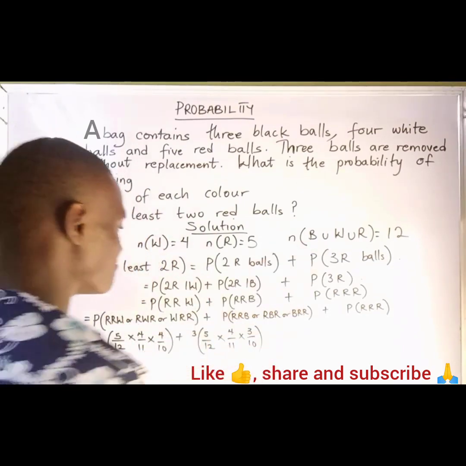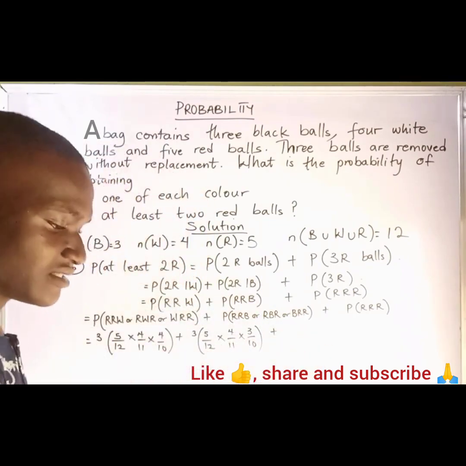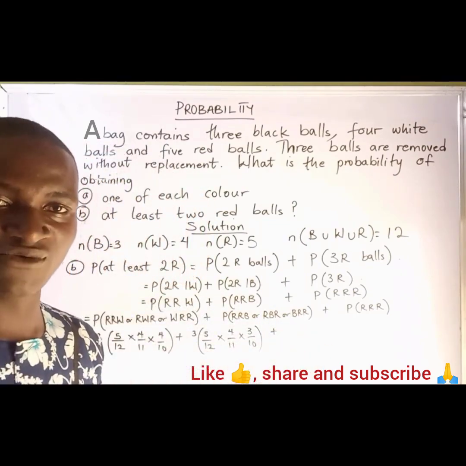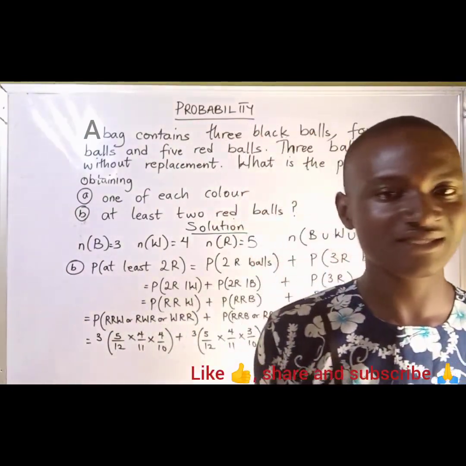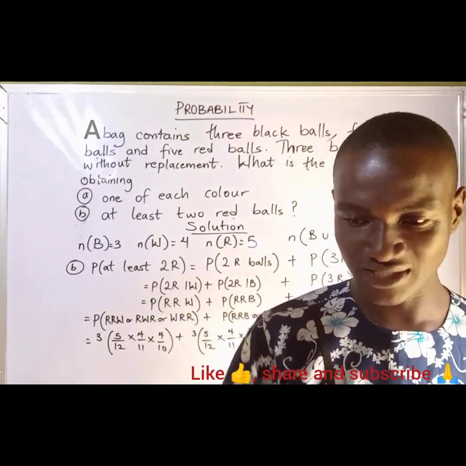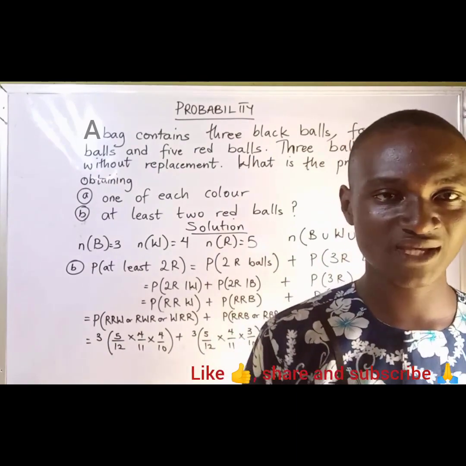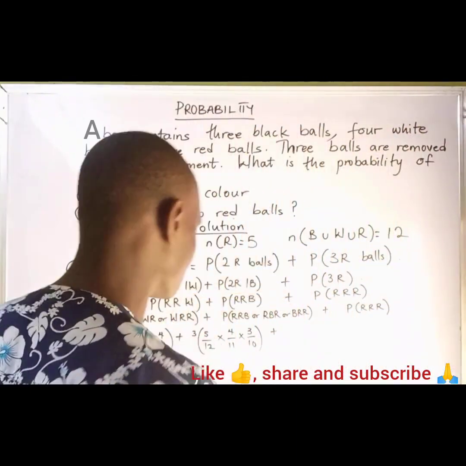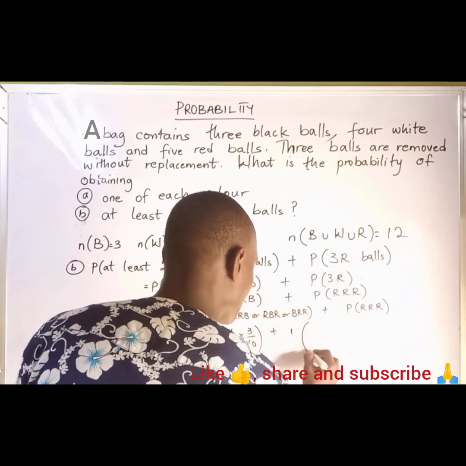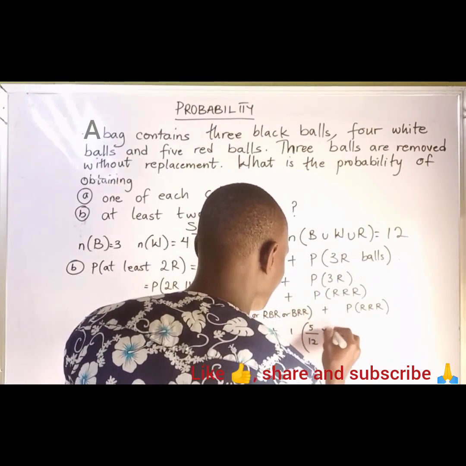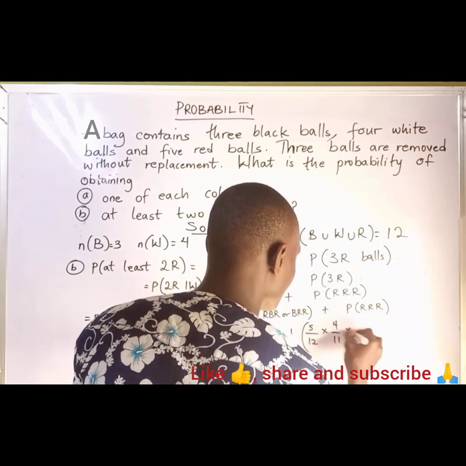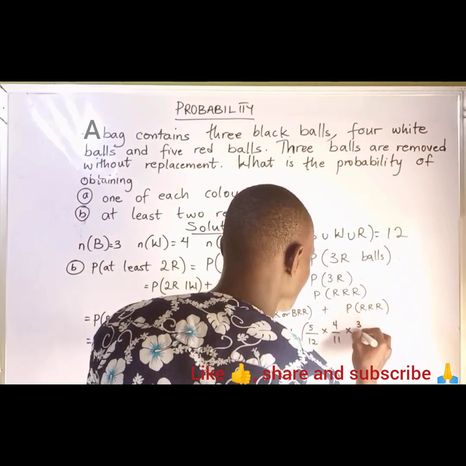Now, what is the probability of picking 3 red? There is only one way of doing that. First is red, second is red, and third is red. So the number of ways this can be done is 1 multiplied by first red 5/12, followed by 4/11, followed by 3/10.